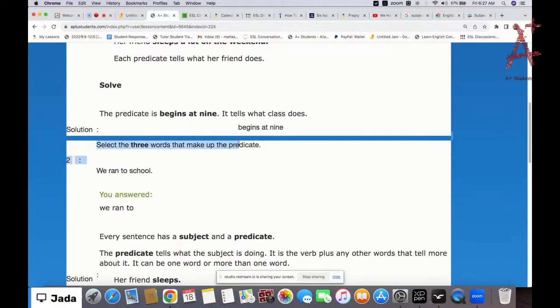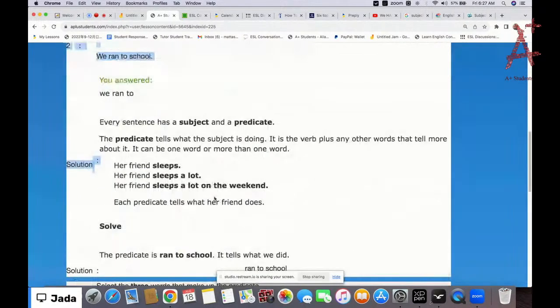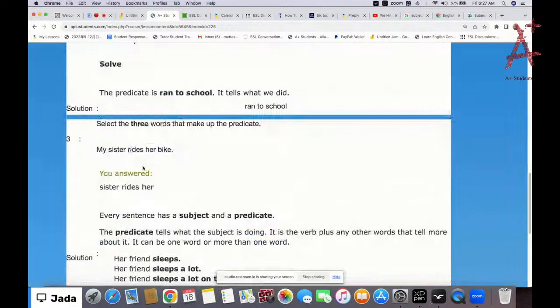Select the three words that make up the predicate. We run to school. We stands for the subject, and run is the verb. So run to school is the predicate. Now, select the three words that make up the predicate.